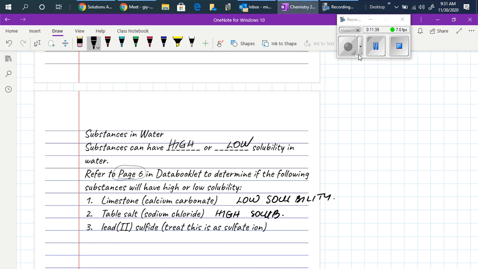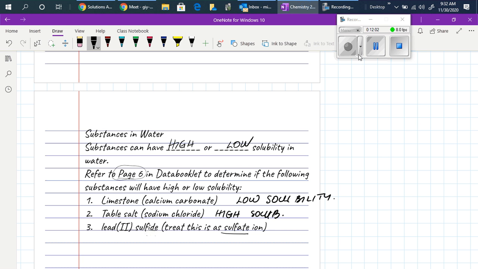And then we have lead 2 sulfide. So now we will treat sulfide as a sulfate ion. So it will be SO4. And then we'll see that it is soluble to most beside calcium, Sr, Ba, Ag, and lead 2.